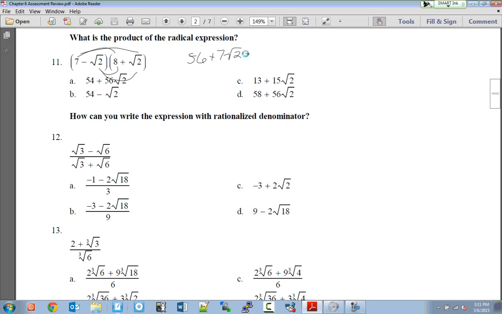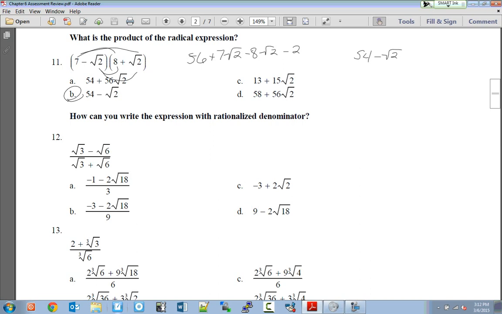And then this is just minus 8 square root of 2. And then negative square root of 2 times negative square root of 2 is simply negative 2. Now you just add together your like terms. 56 minus 2 is 54. And then 7 square root of 2 minus 8 square root of 2, 7 minus 8 is negative 1. So this is just going to be 54 minus the square root of 2, which is B.